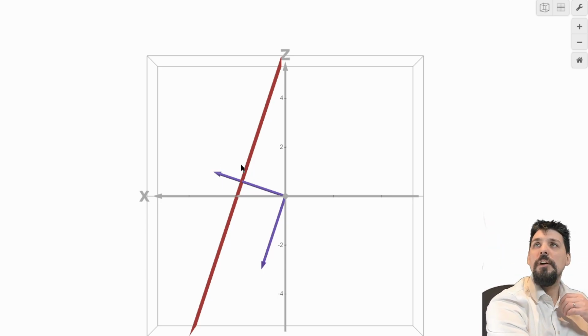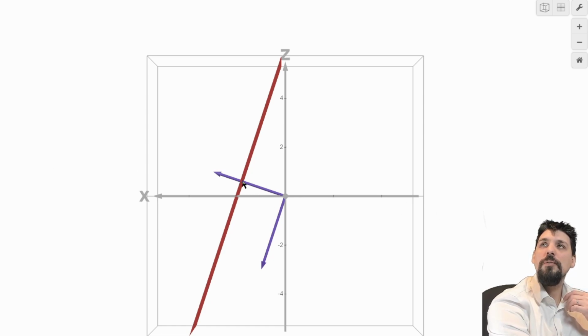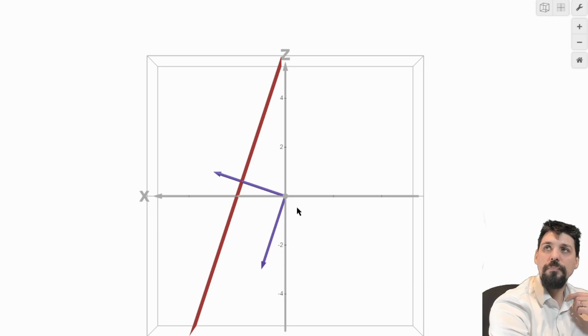I'm going to take my normal vector and rotate it 90 degrees. Very simple geometry will do that for me. If you remember what my normal vector was, it's going along 6 in the x direction and up 2 in the z direction. So what we want it to do is go 2 in the x direction, but -6 in the z direction.